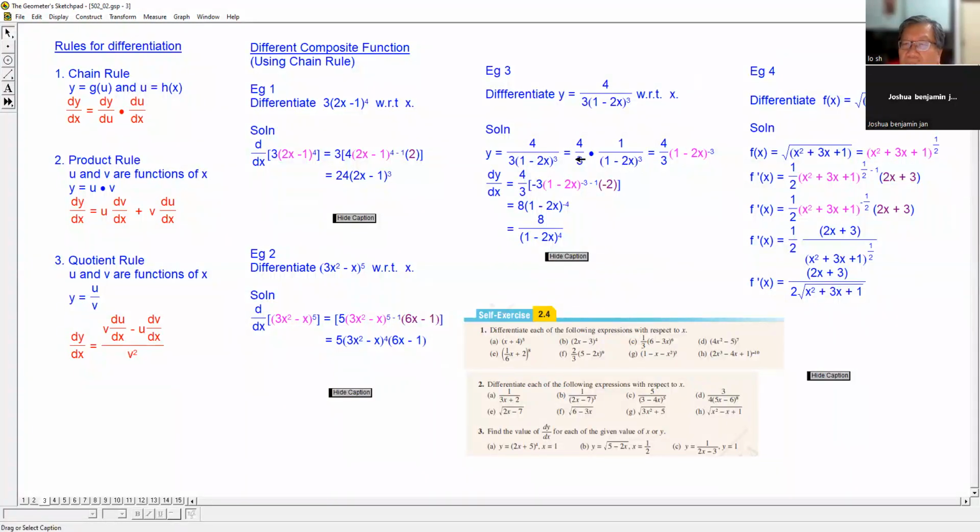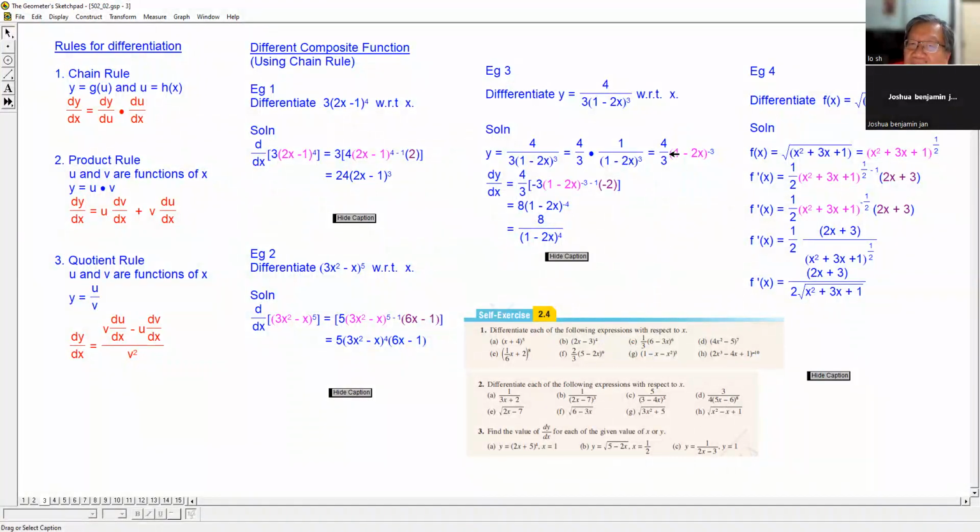The 3 doesn't follow the function up. This function will go up. 1 minus 2x to the power of 3 will go up. It becomes 1 minus 2x to the power of negative 3. When you go up, power is negative.